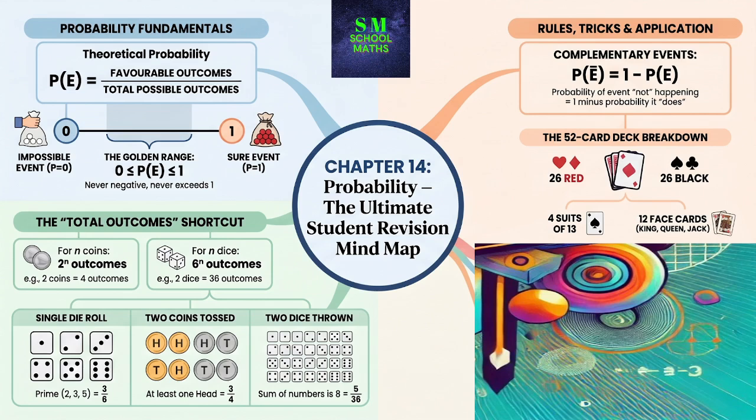When you are dealing with multiple coins or dice, finding the denominator, the total possible outcomes, can slow you down. Use these shortcuts. For coins, the formula to find total outcomes is 2 power n, where 2 stands for the possible outcomes in a single coin.